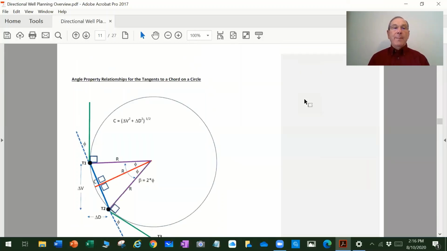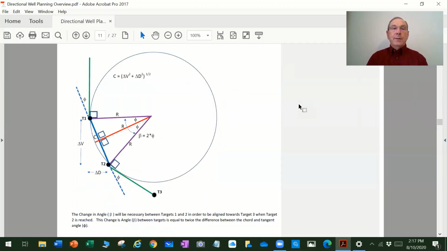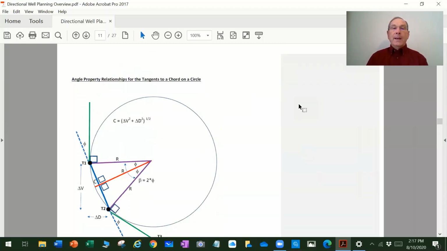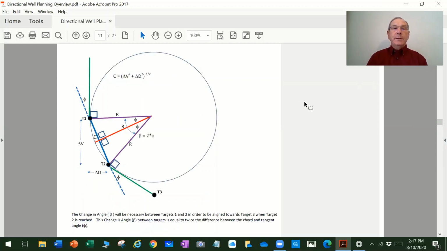I'm going to describe now the angle property relationships for the tangents to a chord on a circle. I have taught drilling engineering, well planning and directional drilling on multiple occasions, and this is a concept that surprisingly many people just don't know or haven't thought about.